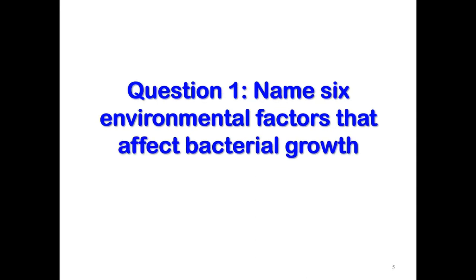Okay, so we've come to the end of the lecture, and I've just got a quick recap activity for you to do. Okay, so about 20 questions for you to answer to see how much you remember from the lecture. Okay, so question 1 is name 6 environmental factors that affect bacterial growth.